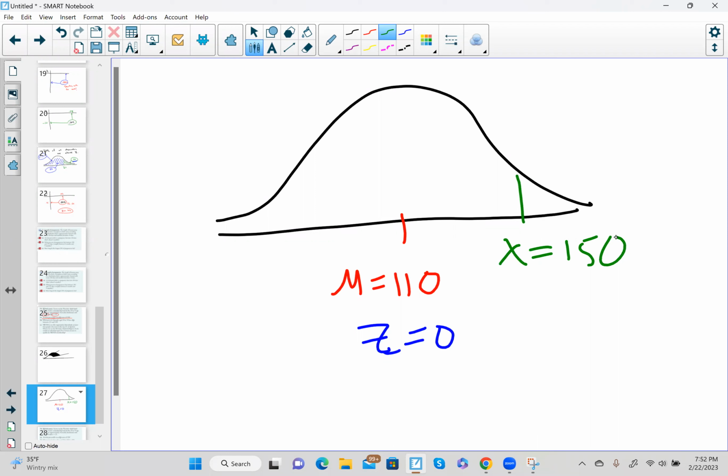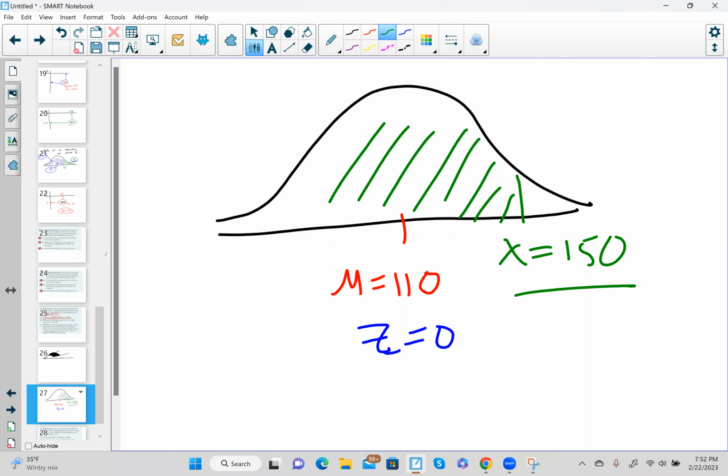So if someone has an IQ of 150, we're asking how much area in the normal curve is below them. Obviously, this person is above the mean, so they must be above average intelligence. The question is, what percentile are they at?